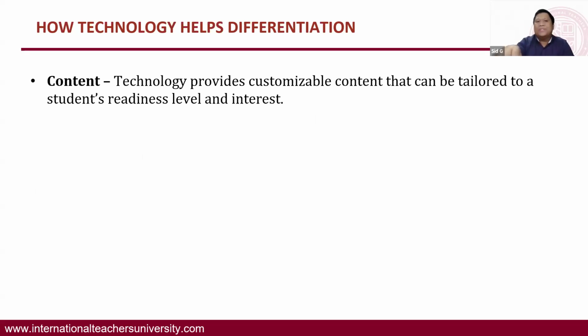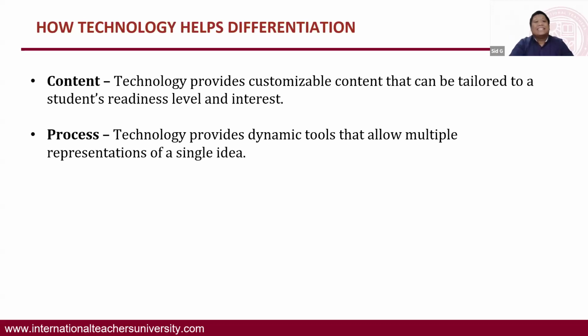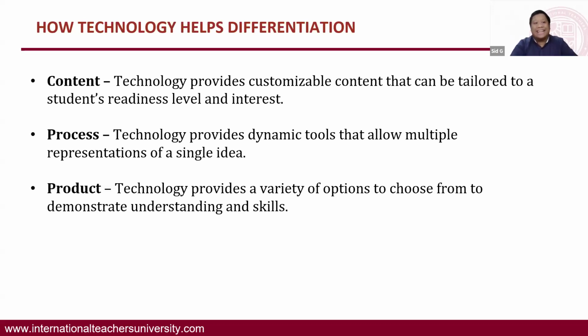As the student answers the question, the platform automatically adjusts the level of questioning. Process: technology provides dynamic tools that allow multiple representations of a single idea. How will they learn? And lastly, what is the product? It is like the multiple means of action and expression.